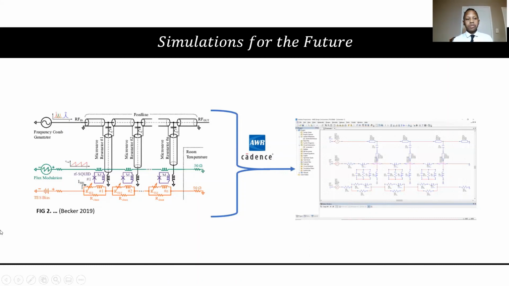I hope in the future to take this entire circuit and put it into the AWR and simulate the whole MUMOX. As crazy an idea as it sounds, I think it's very much possible. I just have to break down what each individual component is at the circuit level, and be able to couple them all together to create a simulation that represents what the MUMOX does overall. Thank you.